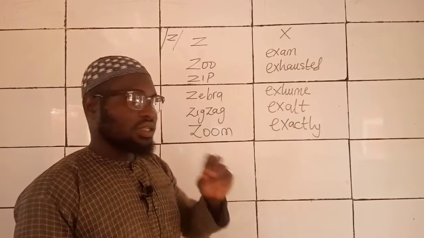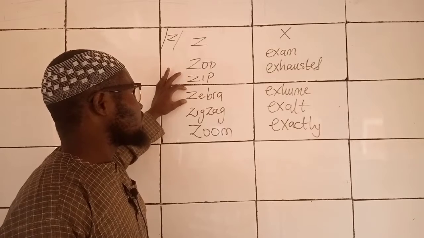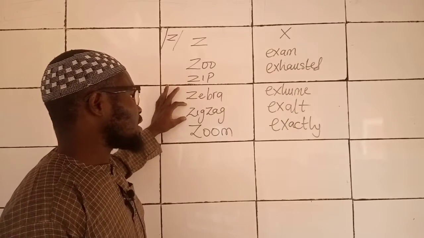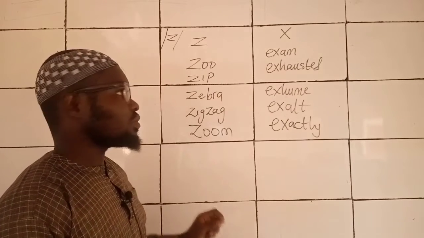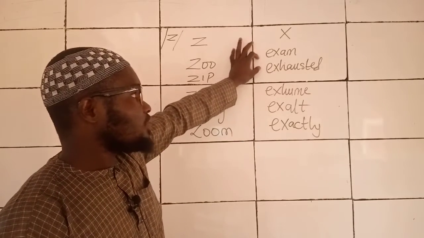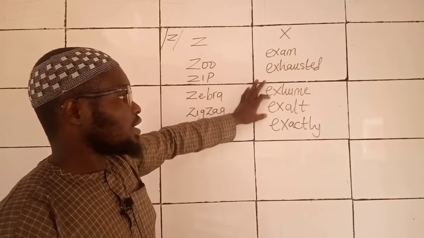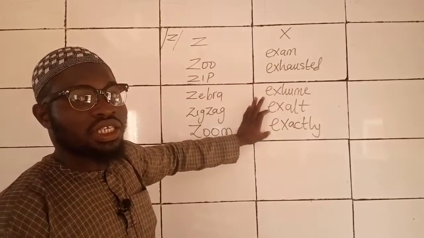For letter Z, we have zoo, zip, zebra, zigzag, and zoom. Then for letter X, we have exam, exhausted, exhume, exalt, and exactly.